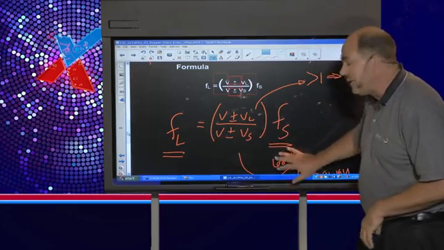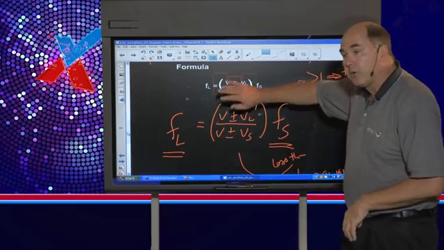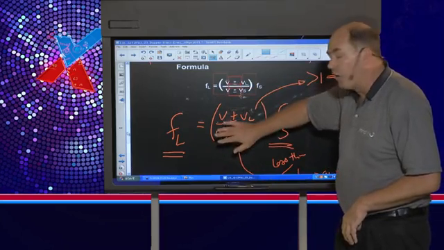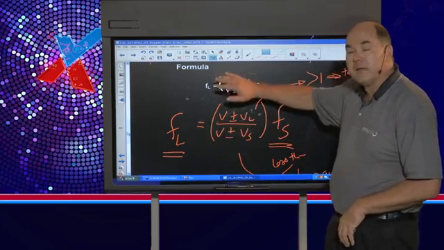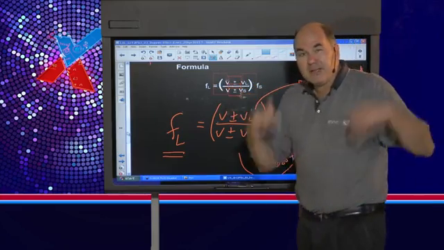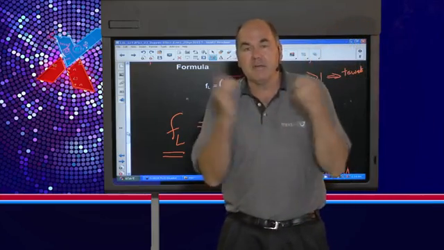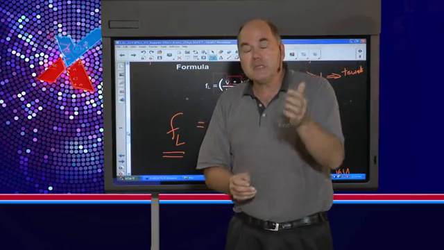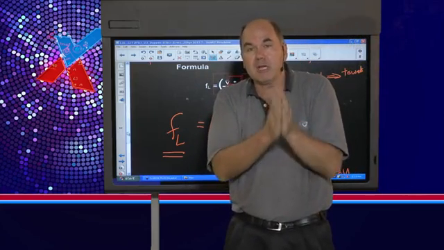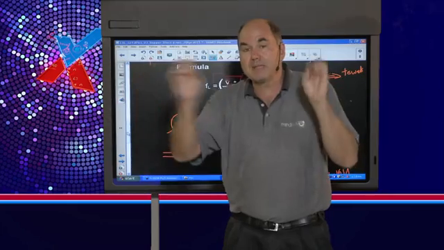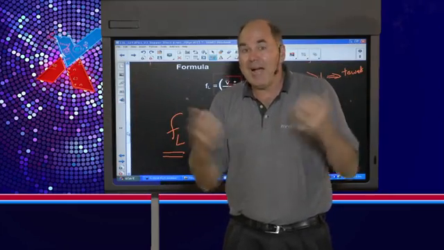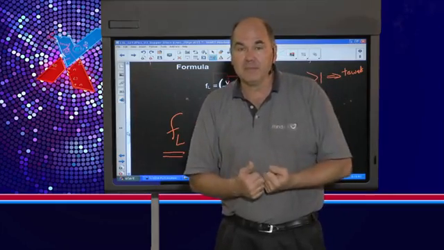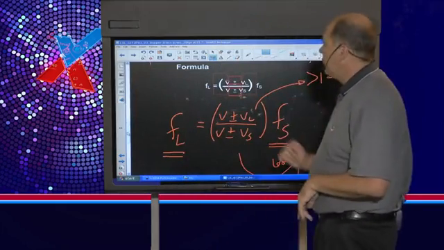If we want it to be less than 1, then the denominator, the thing at the bottom of the fraction, must be bigger than the numerator. Try and reason it out for yourself and understand it. In the notes, we've summarized for you very clearly what needs to be plus or minus depending on whether it's moving towards or away. I find it easier to think it through. So we'll come to that when we do the formula.